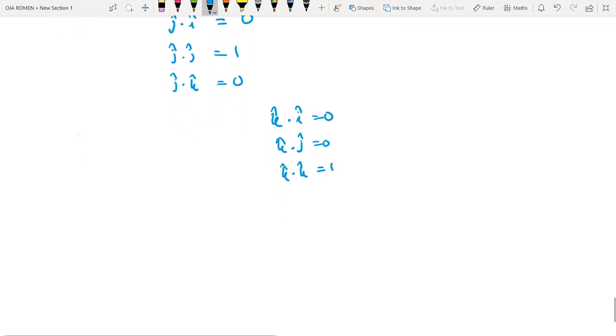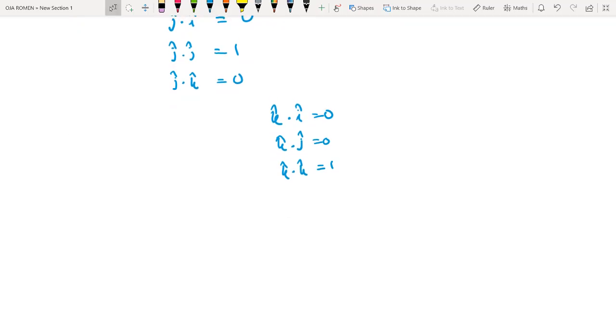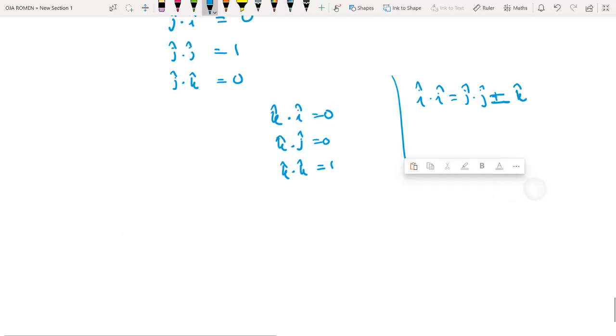So I dot I equals j dot j equals k dot k equals 1, others 0.